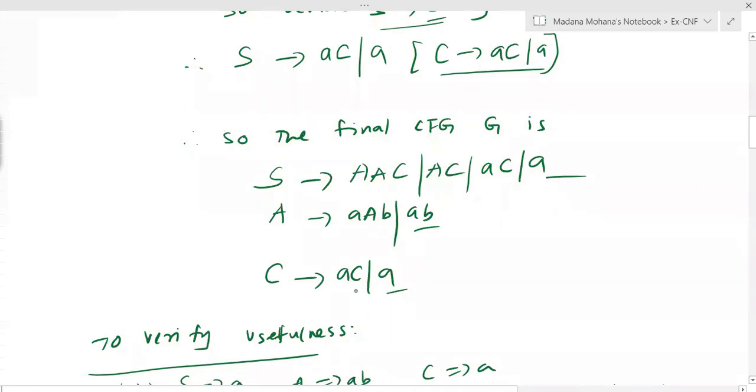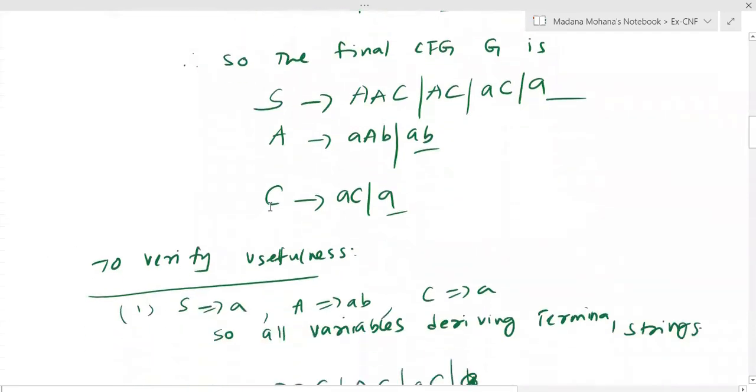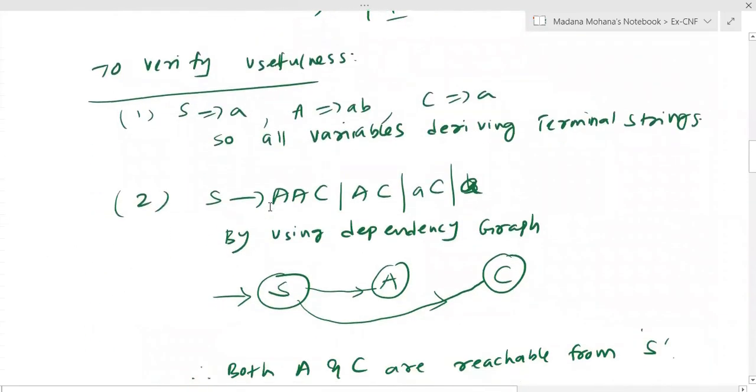Now you can check usefulness: any useless symbols are there or not. To verify usefulness, we have two aspects. The first aspect is all variables should derive a terminal or terminal string.